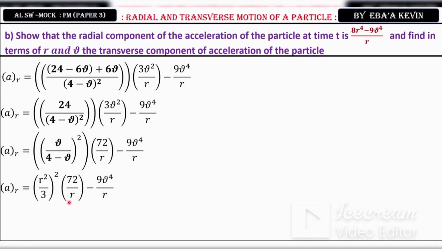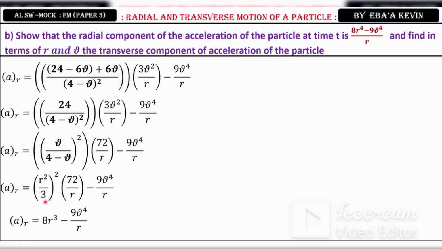If you look more closely, we are going to have r raised to the power 4 divided by 9, but the r down there cancels with 1 r up, so we are left with r raised to the power 3.